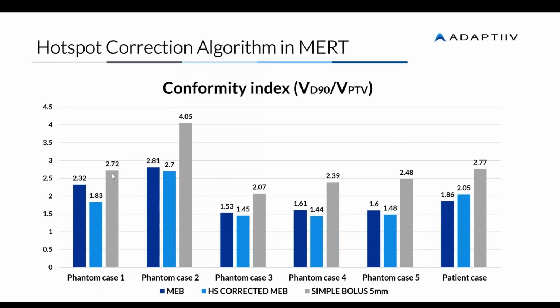But the ultimate result is that if we look at the hotspot corrected MEB, the middle light blue column, the conformity index is maintained comparable to the original MEB, the first iteration. So the first and the second iteration of the MEB algorithm maintain the good conformity of the prescribed dose to the PTV.